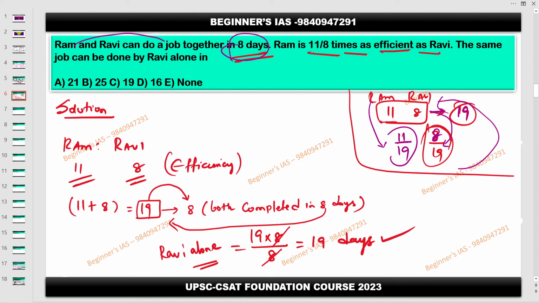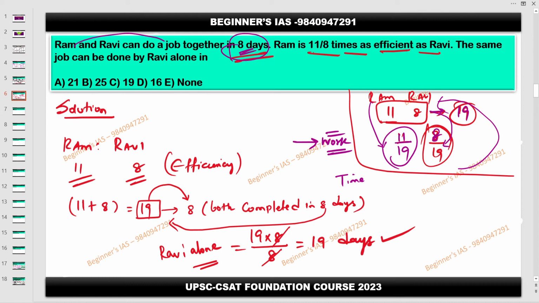Okay. After finding out this part, this is the work, their efficiency. Now I am just taking the number of days, which means the time taken. Here the efficiency and the days are reciprocal, or inversely proportional. If that is the case, then 19 by 8 into that many days worked by both people.